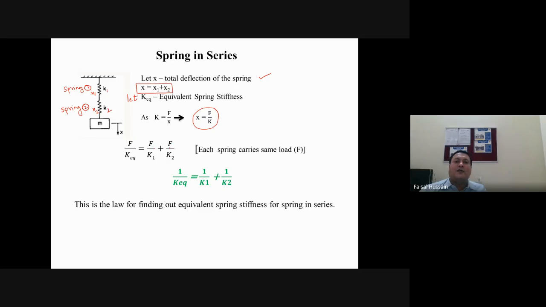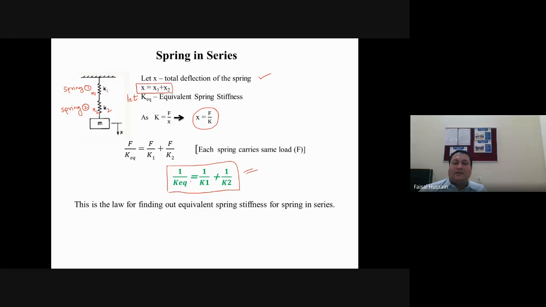Here F is common. Why is F common? Because each spring carries the same load F. So F gets cancelled, and your equation will be 1 upon K equivalent equal to 1 by K1 plus 1 by K2.